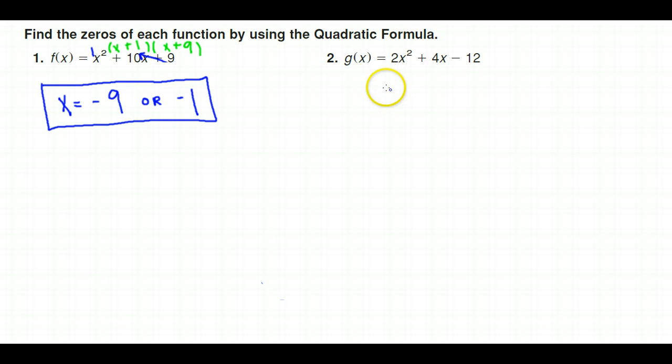If we use the quadratic formula, again we have your a, which is 2, your b, which is 4, and your c is negative 12. So don't forget, if it's subtracting, the negative applies.